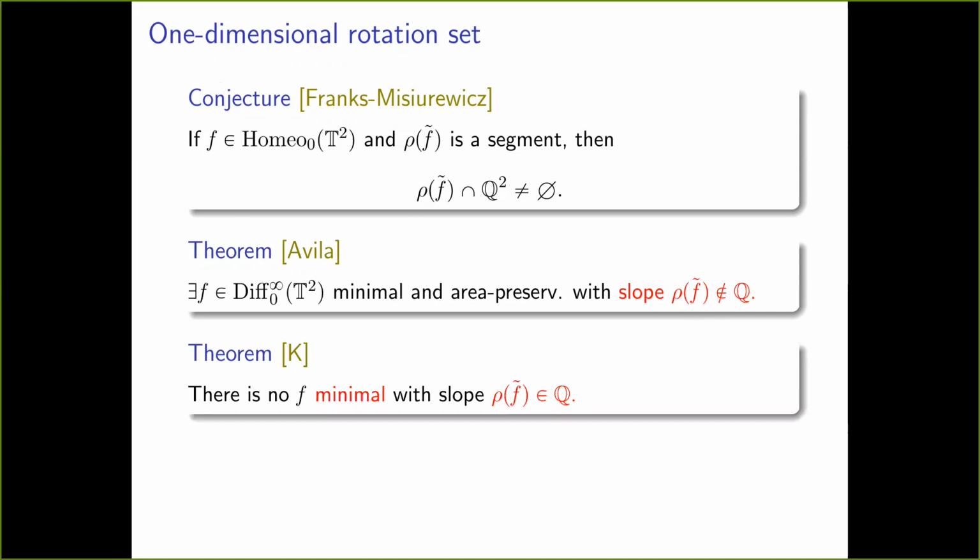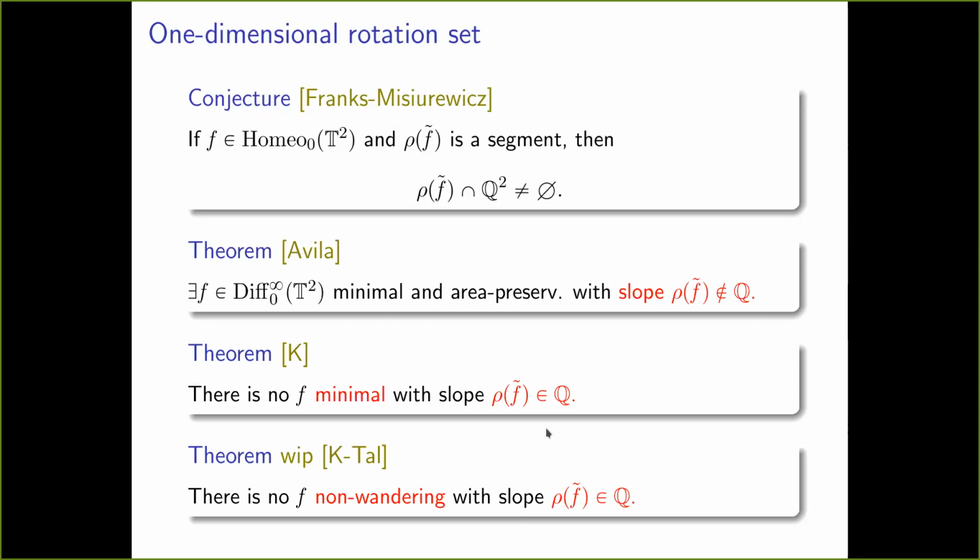Well, I will mention the ideas of the proof because I proved some part. Martin Sambarino, Alejandro Passeggi, and Andres Koropecki proved the other part, that essentially proved the conjecture for minimal homeomorphisms, in the sense that there is no possibility of having a minimal homeomorphism with a rational slope segment.